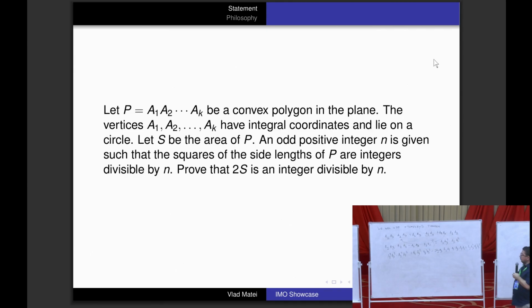So that's the relation after you square it. Okay, so what do we do with it?